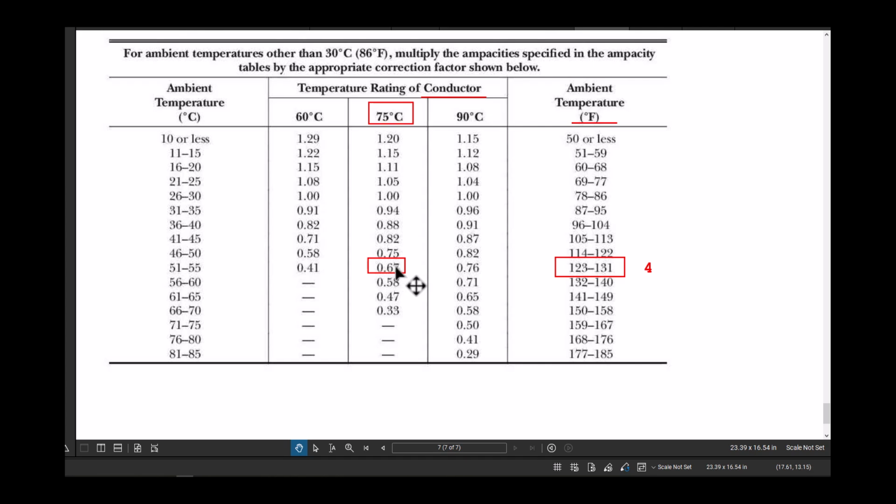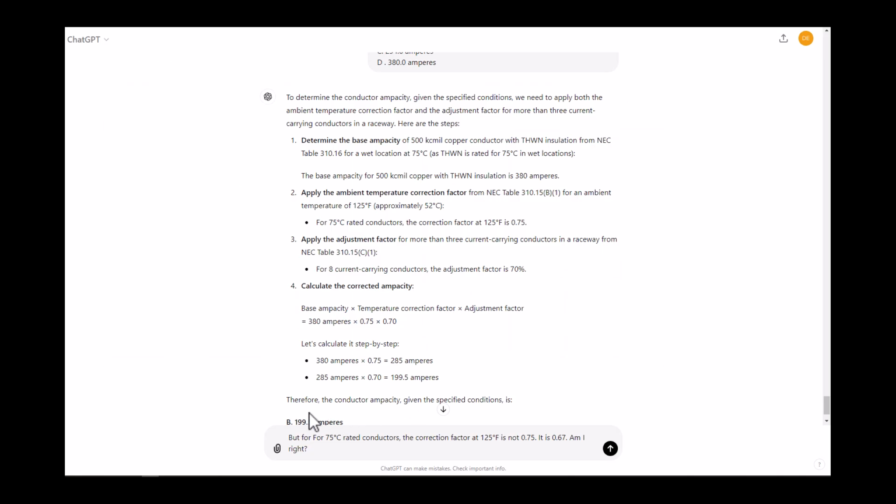Let's make a correction to see if ChatGPT figures out where the mistake was. I just made a correction here when I said, but for 75 degrees Celsius rated conductors, the correction factor at 125 degrees Fahrenheit is not 0.75. It is 0.67. Am I right?